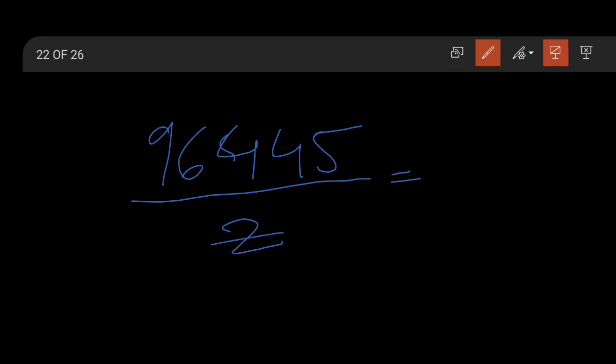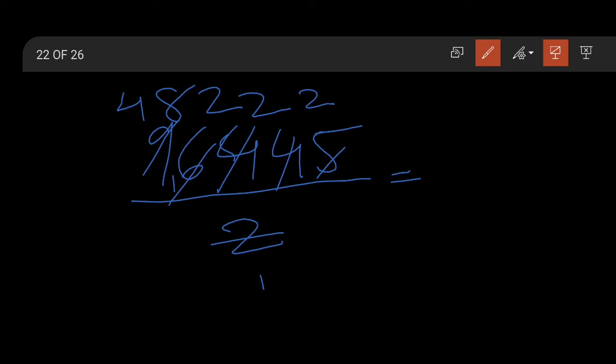Divide it: 2 1s are 2, 4s are 8, remains 1, 16, 2 8s are 16, 2 2s are 4, 2 2s are 4. Again it comes as 2 2s are 4. So it will come in point. Therefore, for Meera and Madhav you have to adjust: 48223 you will take for one and 48222 you will take for the other.